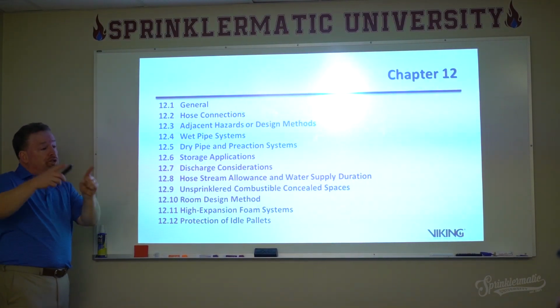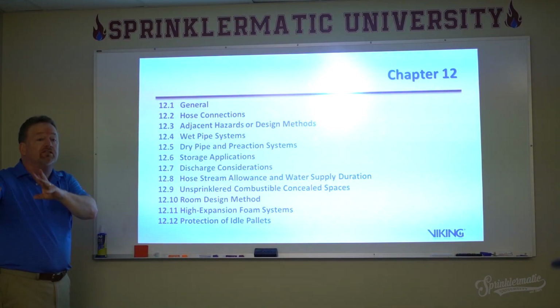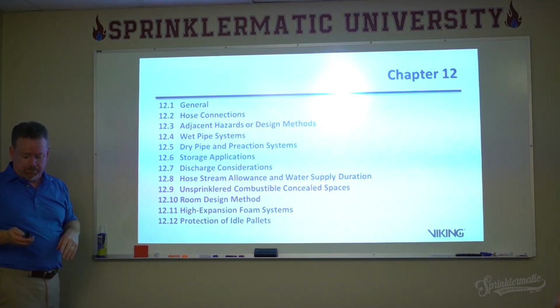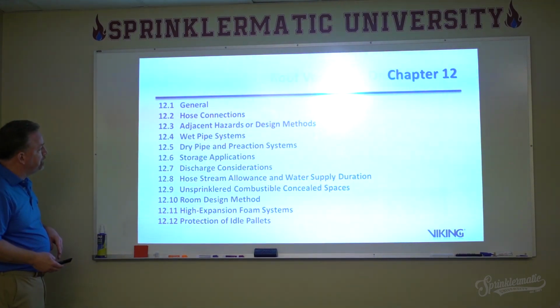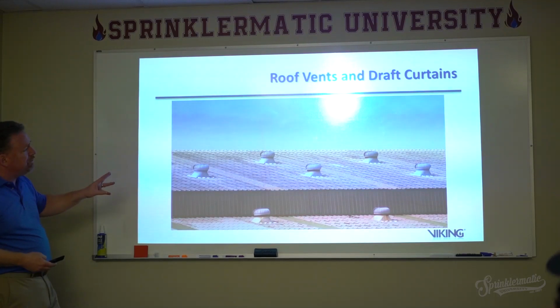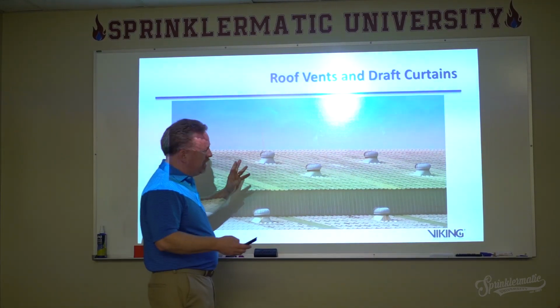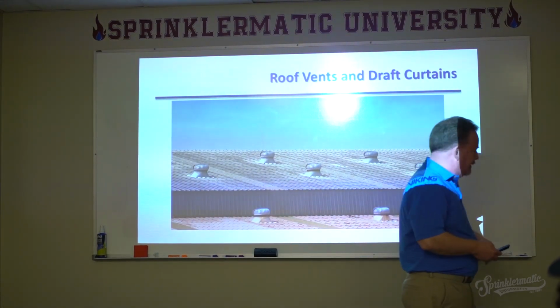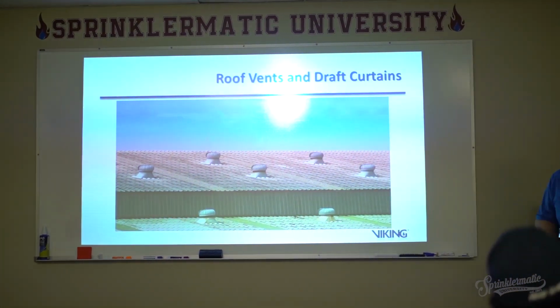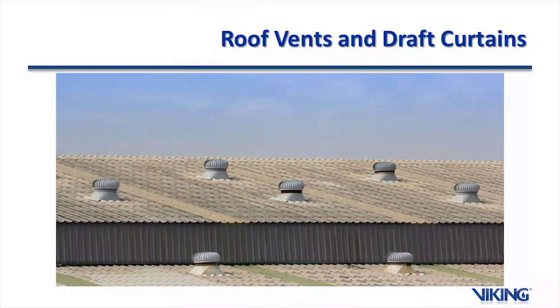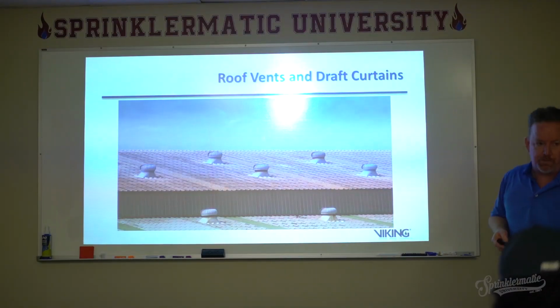Then, based on what you've determined before, you get into your subsequent chapters, which we'll talk about here. Chapter 12 has a couple of things to say about what goes on at the ceiling line. In other words, we don't like roof vents in NFPA 13 when it comes to storage protection.